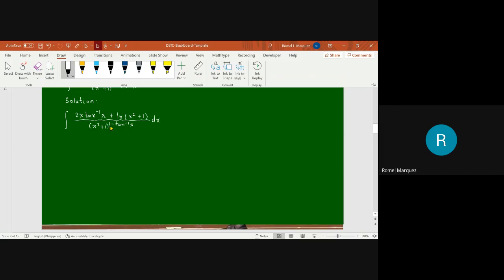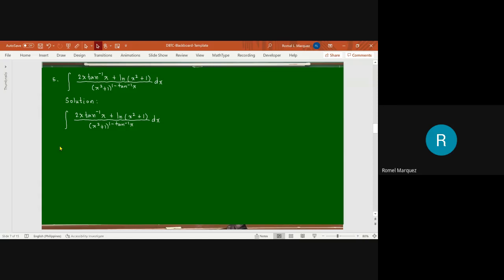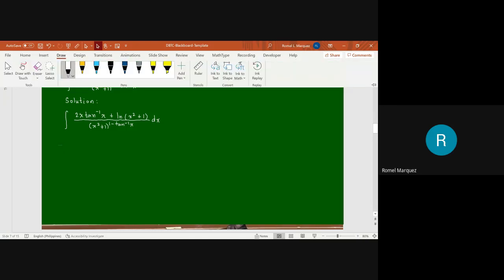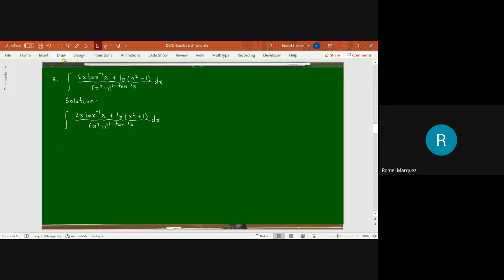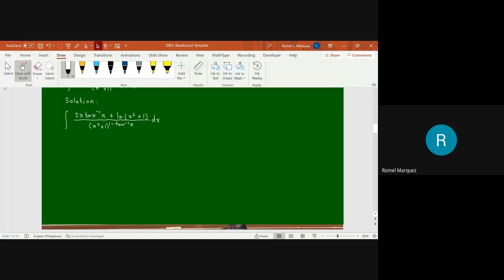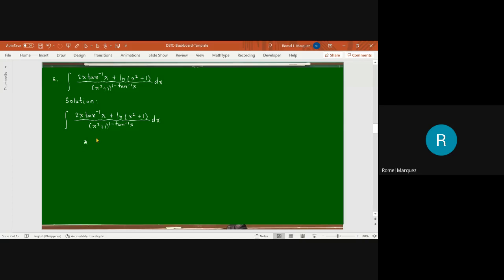Let me rewrite it here. So this quantity, guys, I will have a separate for that. So x squared plus 1, minus inverse tangent of x, that is equal to what, children?